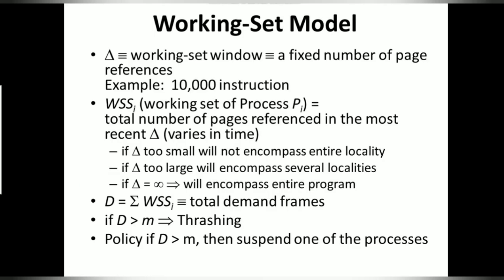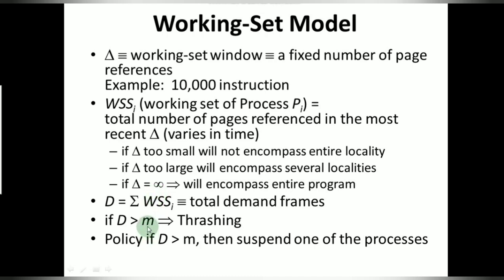Now what does the model tell? If I define D to be the total demand for pages, then it is the summation of the working set sizes of the processes i.